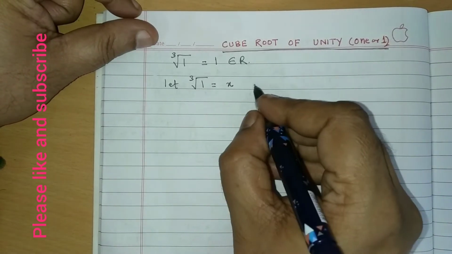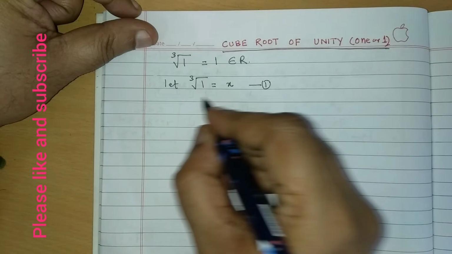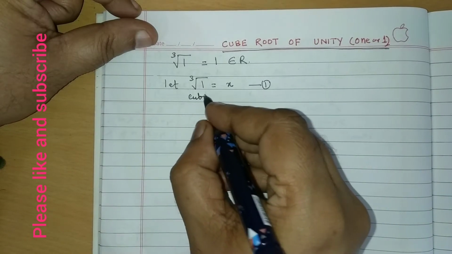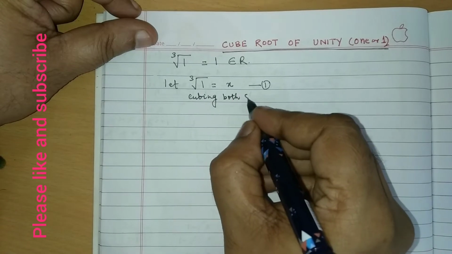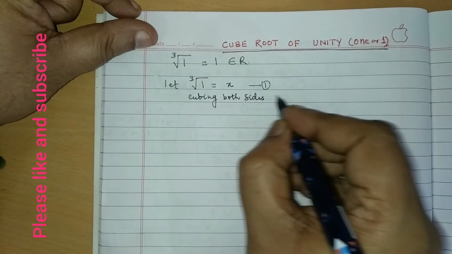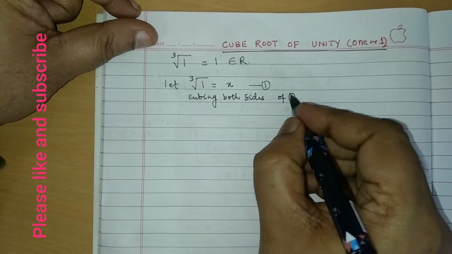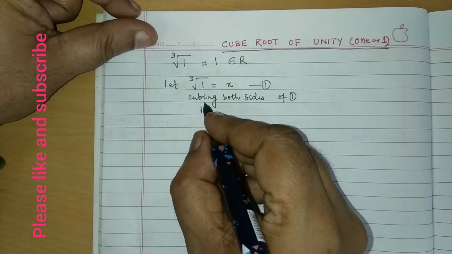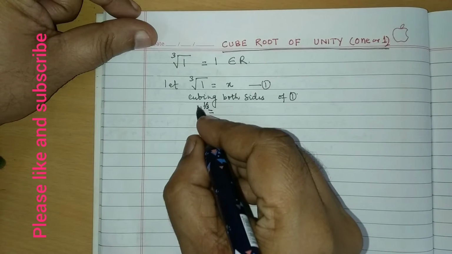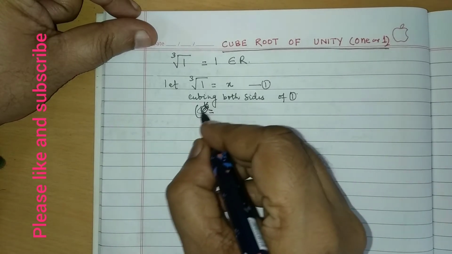So now, cubing both sides of this equation, we can write 1 is equal to (1 to the power 1 by 3) whole to the power 3.